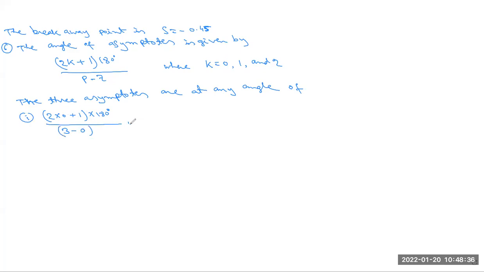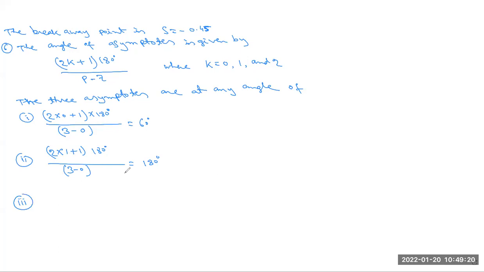So 180 degrees by 3, that means 60 degrees. Number 2, when k is equal to 1: 2 into 1 plus 1, that is 3, into 180 degrees by 3, that means 180 degrees. Okay. Is it clear, all of you?